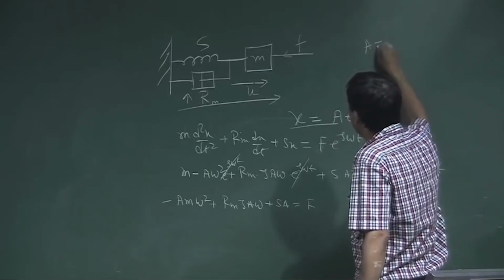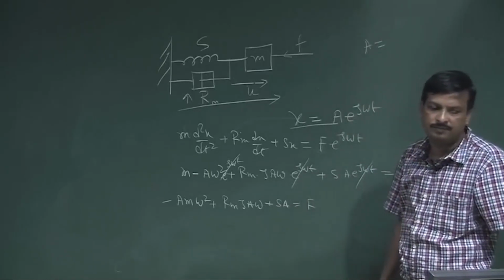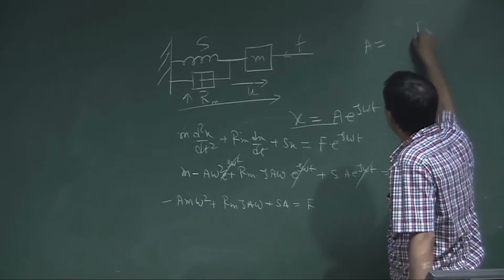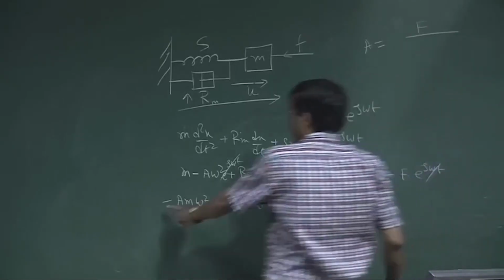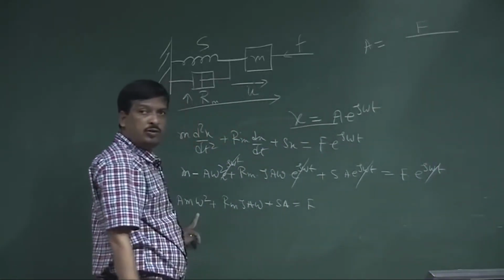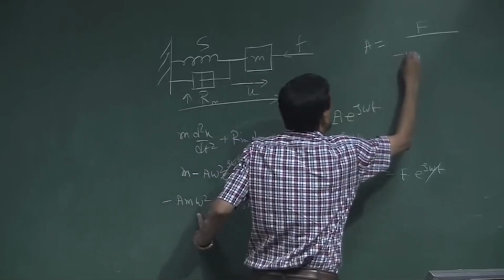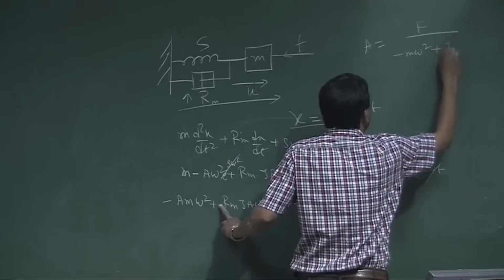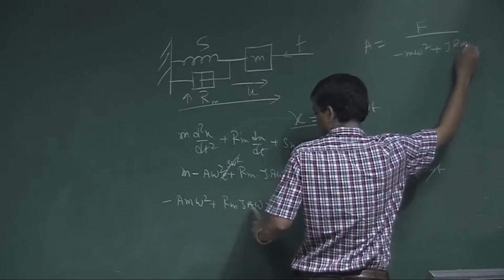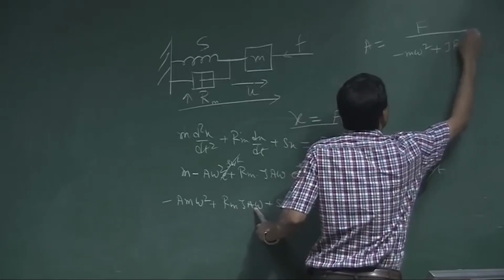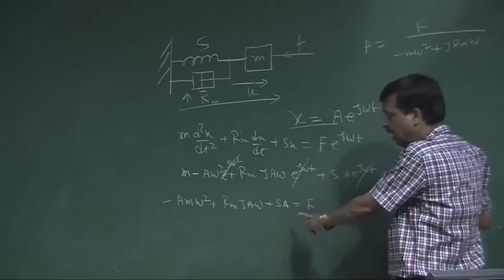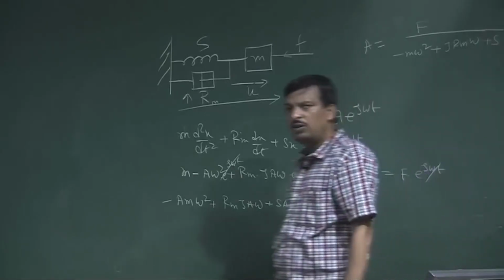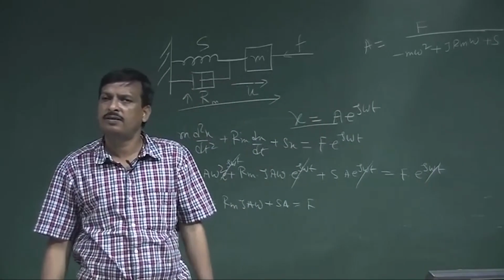A will be F by minus m omega square plus j r m omega plus s.